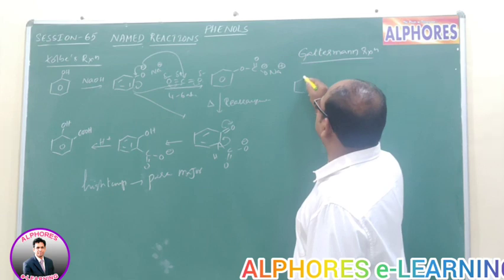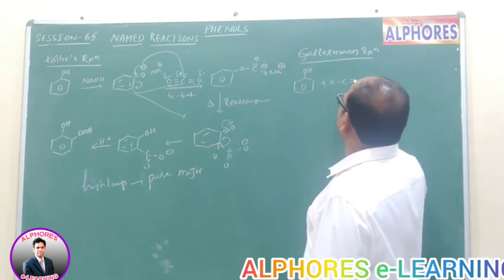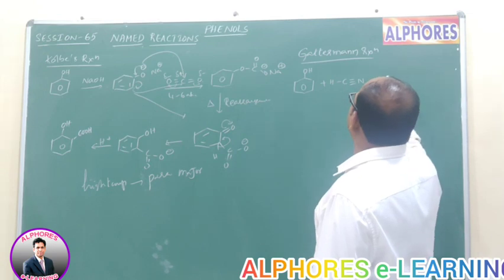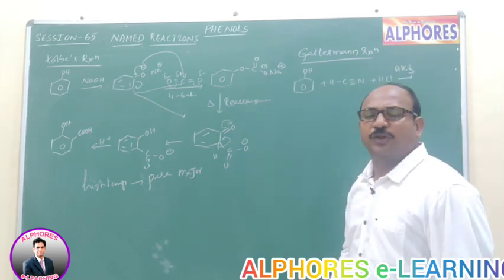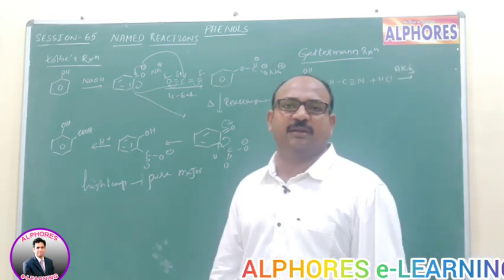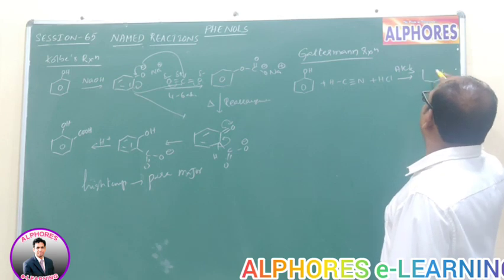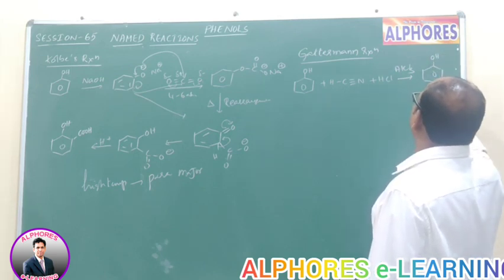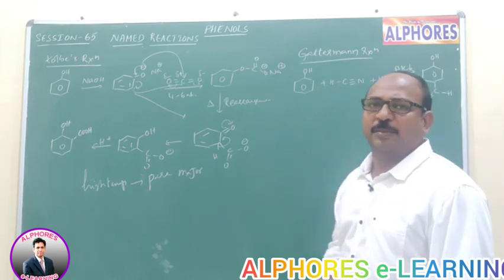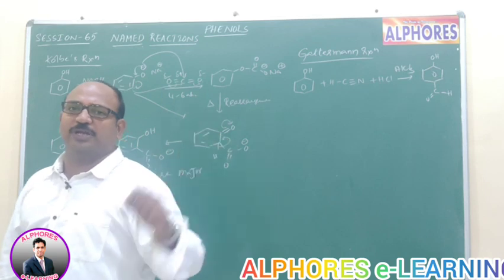Phenol upon reaction with liquid hydrogen cyanide, HCl, in the presence of anhydrous AlCl3, we are getting para-hydroxybenzaldehyde. Para-hydroxybenzaldehyde means hydroformylation takes place at the para position.